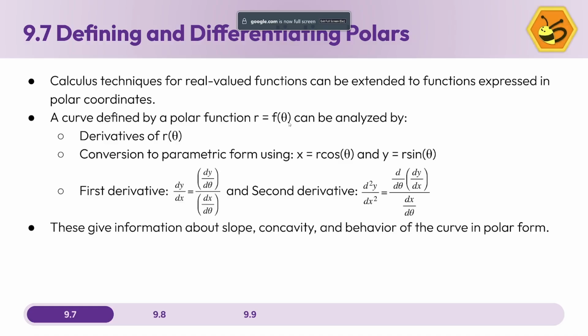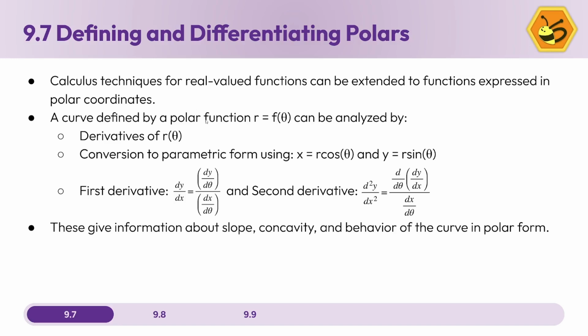All right, so our first topic for today is going to be defining and differentiating polars. Most of our calculus techniques for real valued functions, so functions in our Cartesian plane, can be extended to functions expressed in polar coordinates. So basically, a lot of what we already have learned in previous units can be applied to polars in the same way.